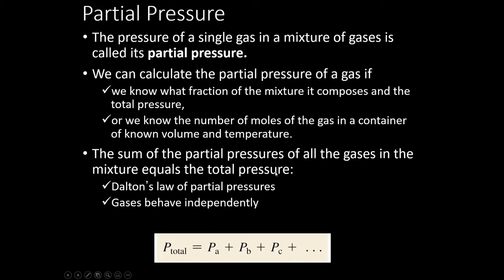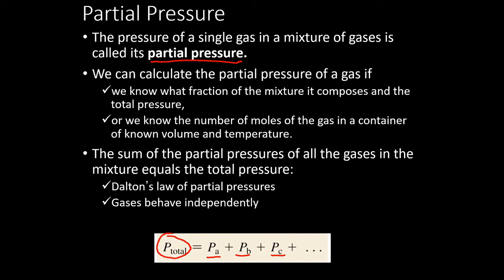to represent those individual pressures produced by specific portions of the gas in a mixture. So when we have this mixture of gases, the pressure that is due to just one of those gases is what we call the partial pressure for that gas. Every gas in a mixture has some portion of the total pressure that is due to that one gas. And if you add all the individual partial pressures together, you will get the total pressure.